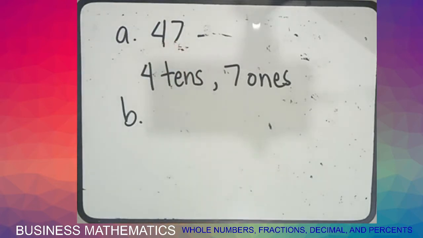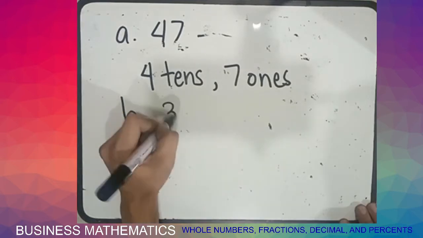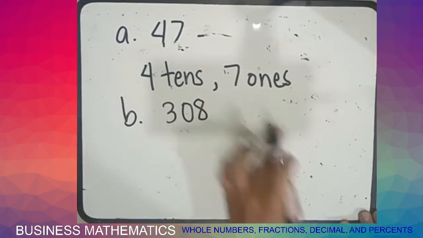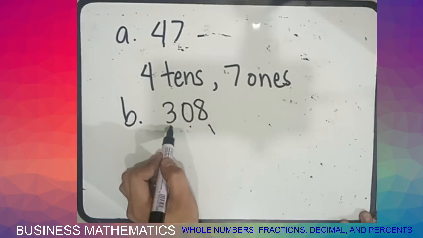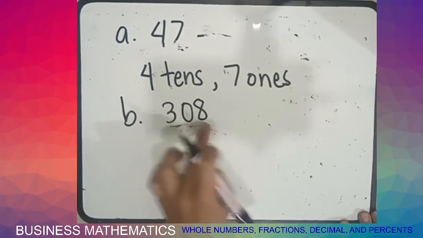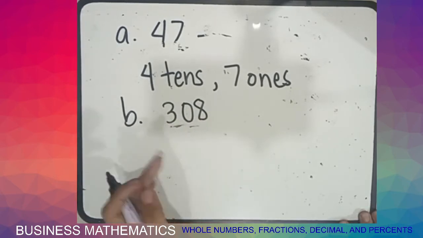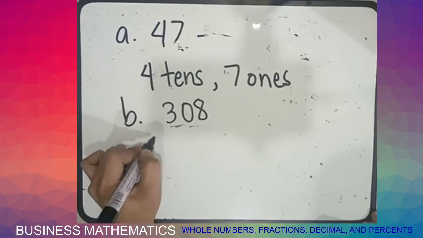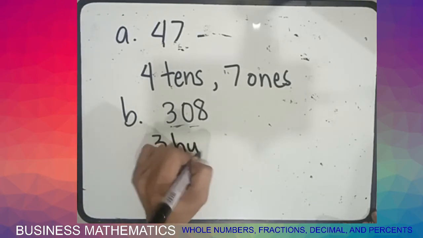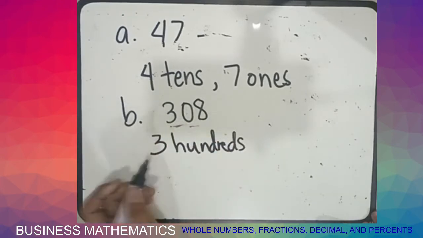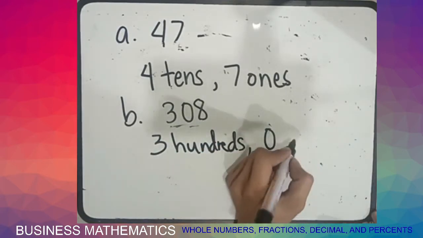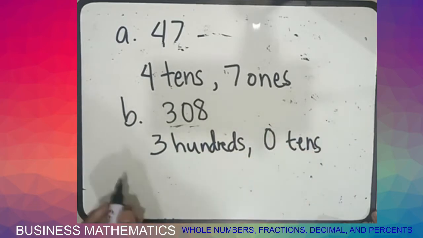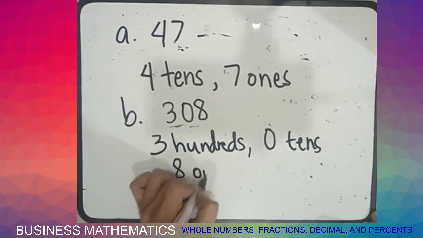Okay, next. Letter B, 308. Si 8, ones, tens, hundreds. Ang tinatanong kung ilang tens, hundreds, or so on. Ang sagot dito ay 3 hundreds, 0 tens, and 8 ones.